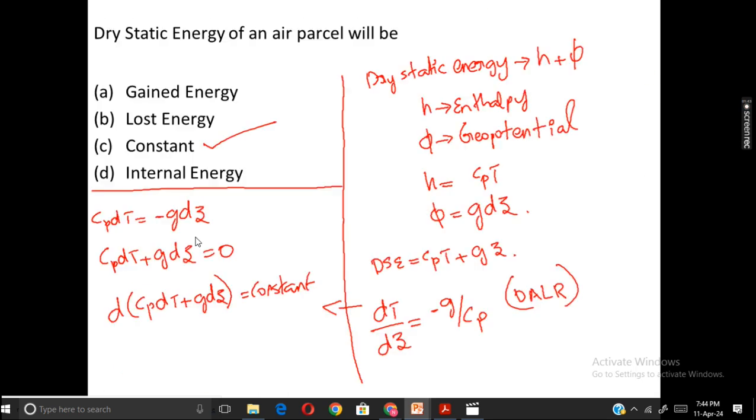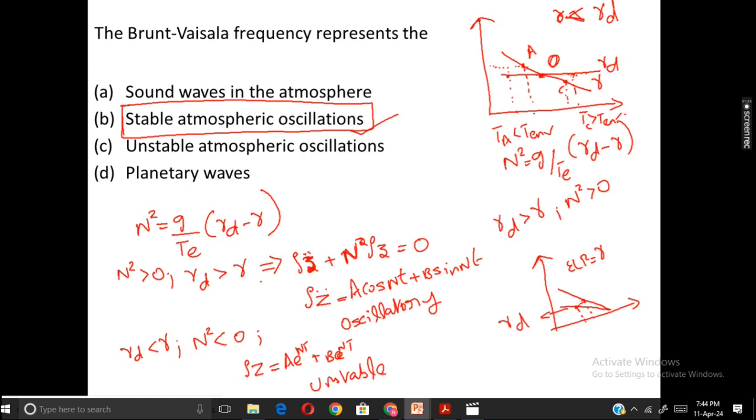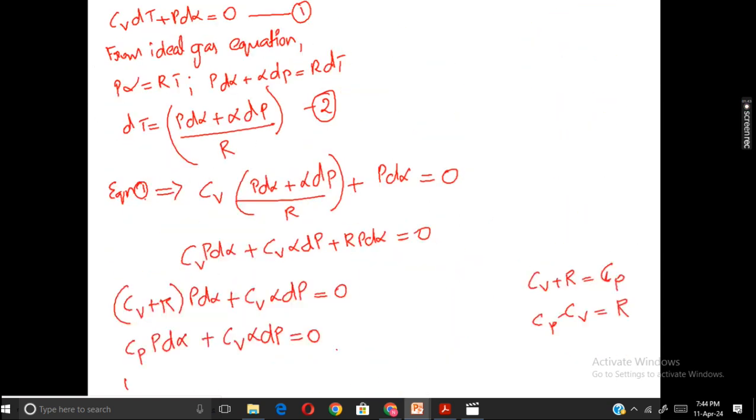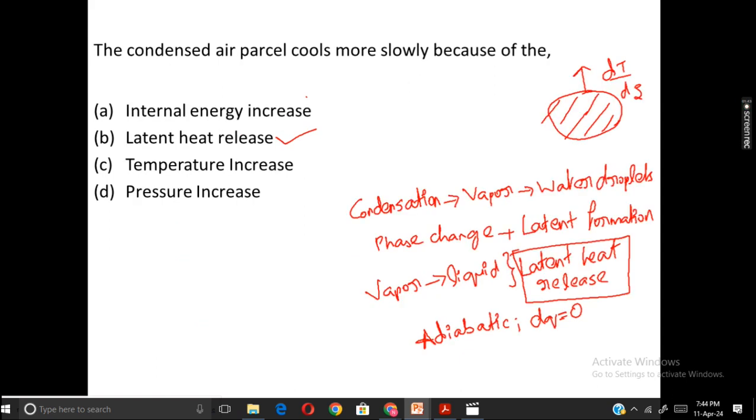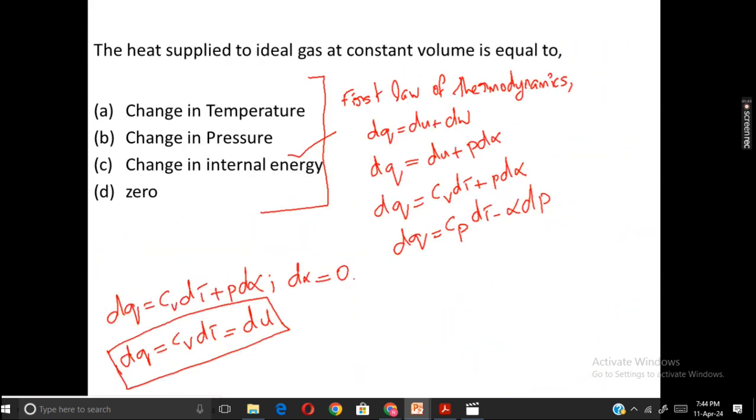If you remember, we found the relation between E and R while deriving the dew point temperature.